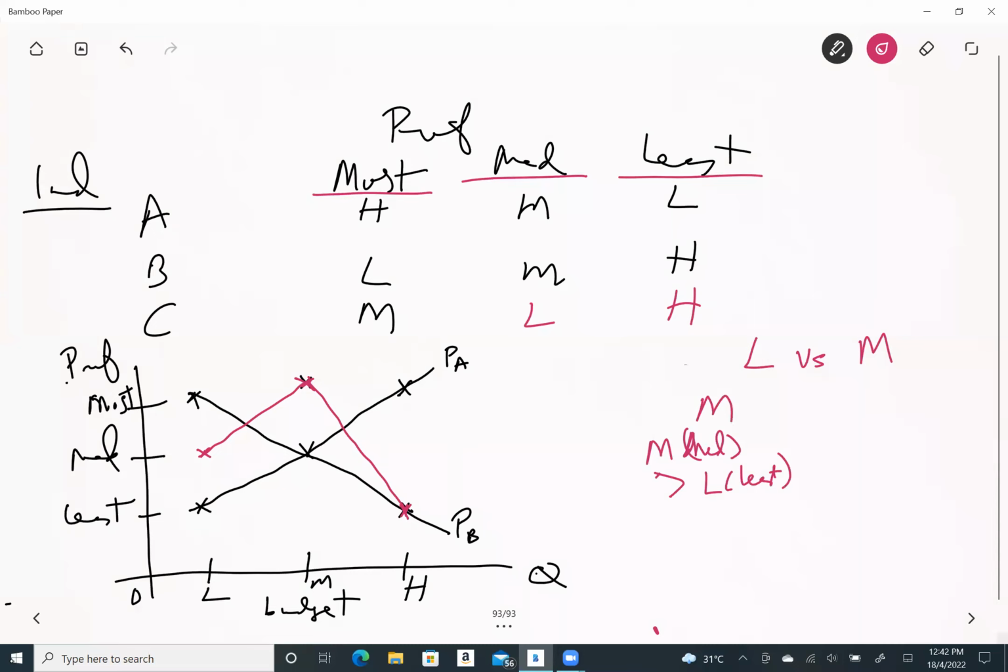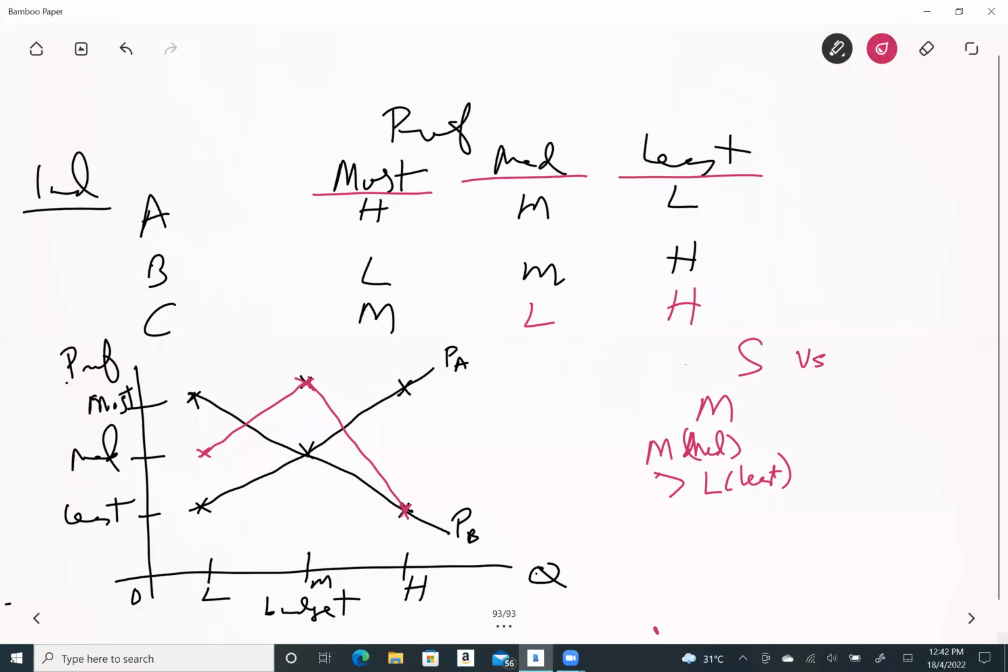So A will vote M. Kita pun dapat. So saya tukarlah. So kita kena ambilkan pening pula.